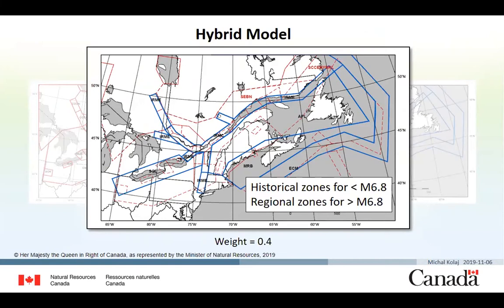We say that the historical rates of activity are appropriate for smaller events, less than 6.8. We expect magnitude 6, less than about 6.5 events, very likely in the regions where we see present-day seismicity, but these large events might actually be more governed by the tectonic features, in which case we believe the regional model.